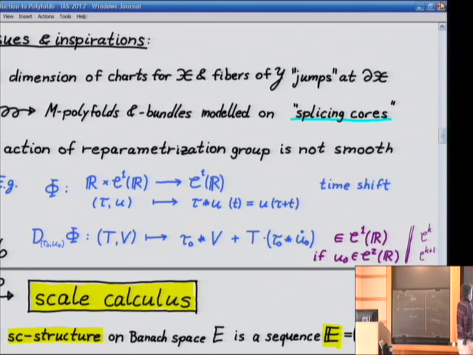Okay? And also much belabored in the last couple of days, problem number 1 is that the reparameterization group here, this automorphism group that we're boldly quotienting by, does not actually act smoothly on any infinite dimensional space that I know of. Here's the baby example that I think is going to be relevant for Peter's Morse theory case.